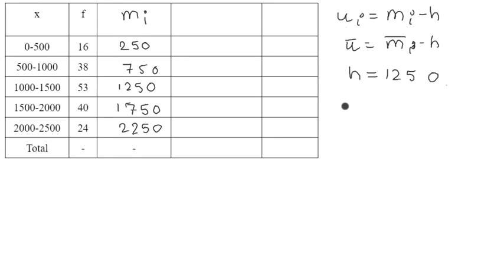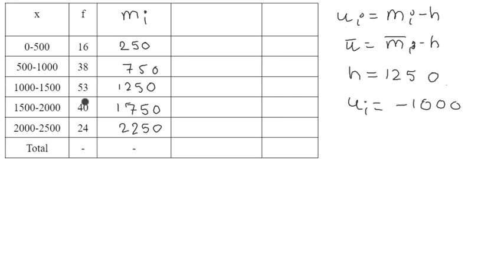So let's have a column of ui. I am going to write ui here just to make the further differences. So what is the first value? That is 250 minus 1250, because ui is equal to mi minus h. So ui is equal to 250 minus this value, that is minus 1000.